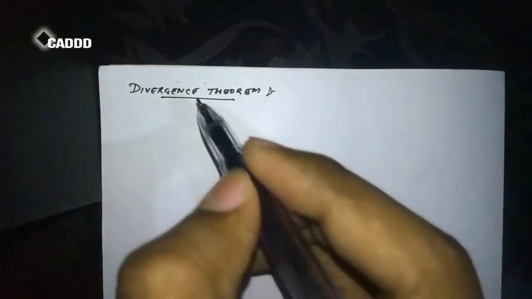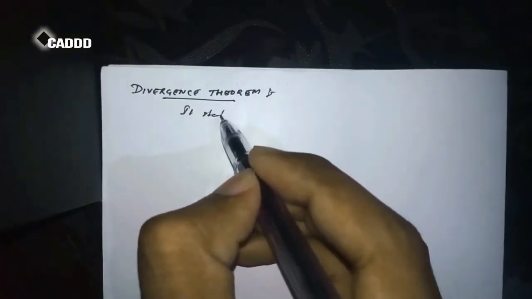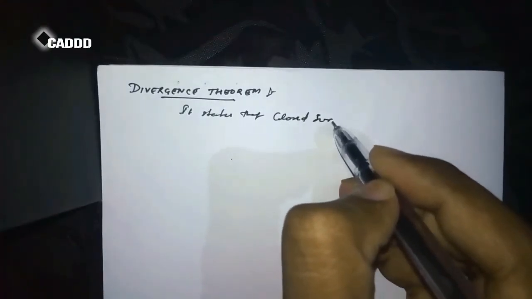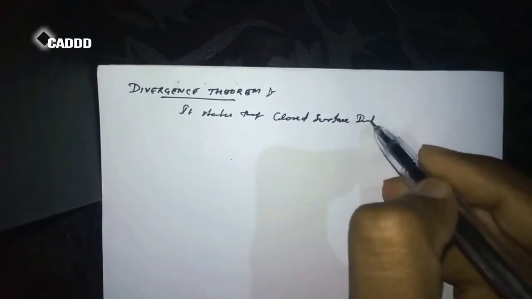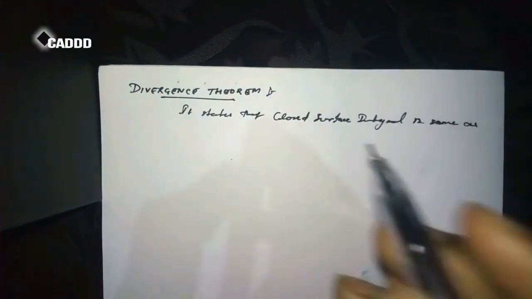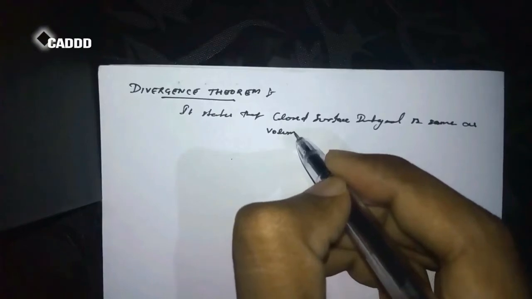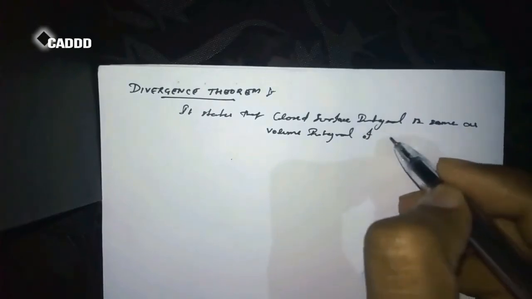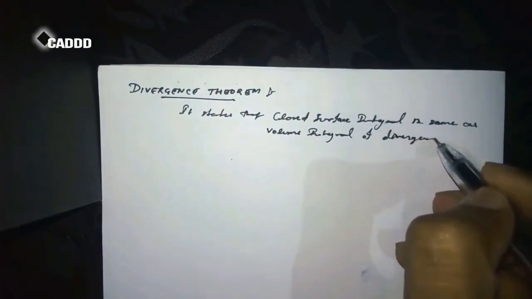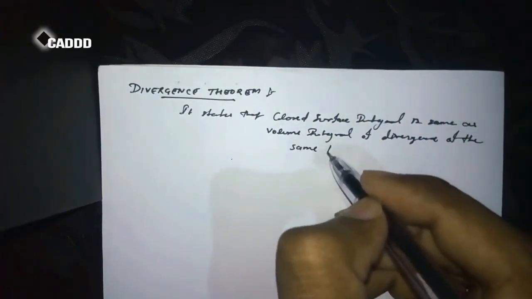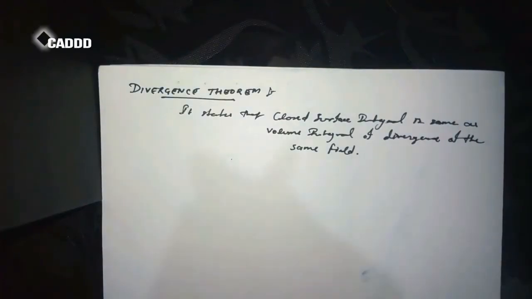So according to this divergence theorem, it states that closed surface integral is same as the volume integral of divergence of the same field. Okay, so what does this mean?